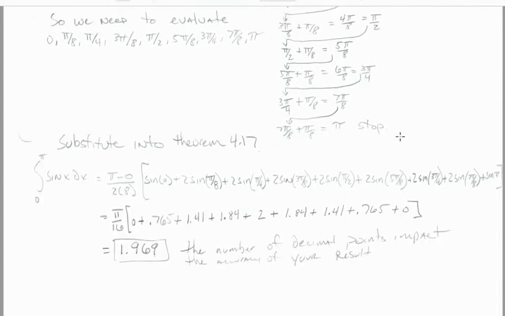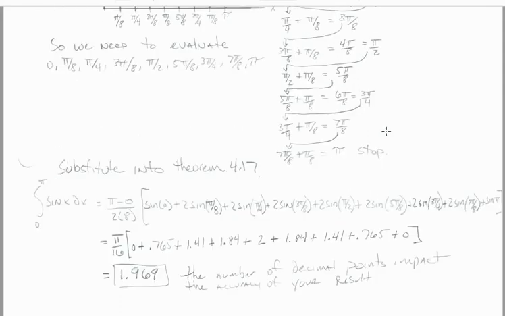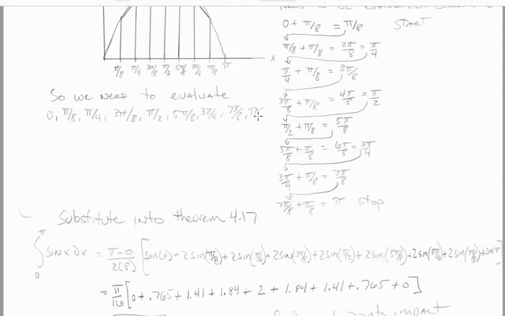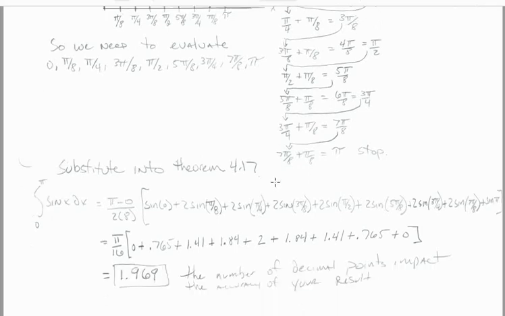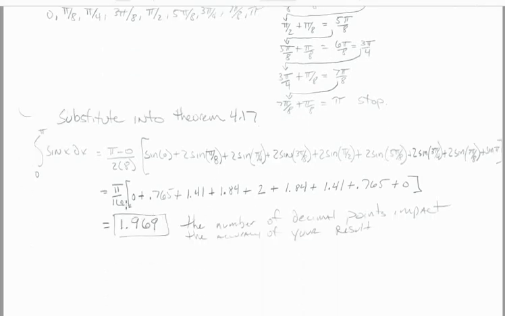The part we have to pay attention to: we're going to substitute all of these values into the function using theorem 4.17. So b minus a over 2n, so that's going to give us pi minus 0 divided by 2 times 8 this time. And I've written it all out, kind of scrunched in down here at the end. Once again, pay attention.